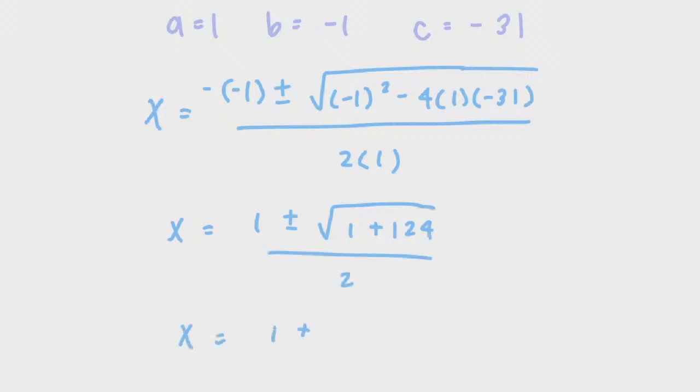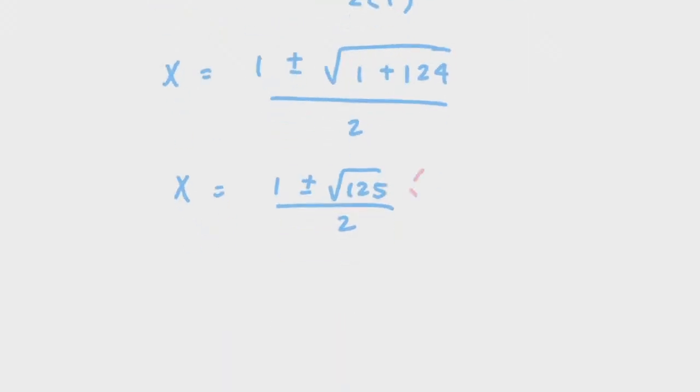So x is equal to 1 plus or minus the square root of 125 over 2. 125 is divisible by 5. So 125 would simplify to 5 and 25. And 25 would split up into 5 and 5. So we have a pair of 5s and a 5 left on the inside. So that'll be 1 plus or minus 5 rad 5 over 2.